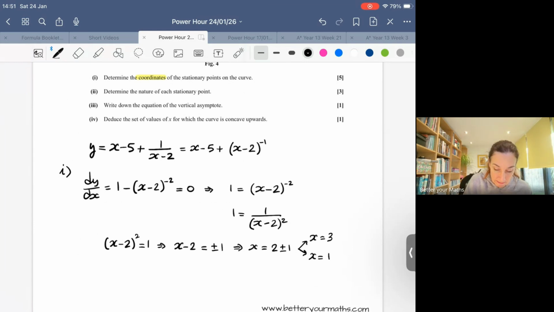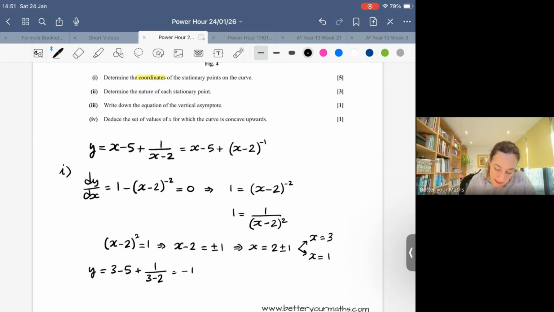So for the y, I'm going to use my function. When x is 3, I'm going to substitute the 3, and when x is 1, I'm going to do that. So y when x is 3: 3 minus 5 plus 1 over 3 minus 2. So that is 3 minus 5 plus 1, which is minus 1.